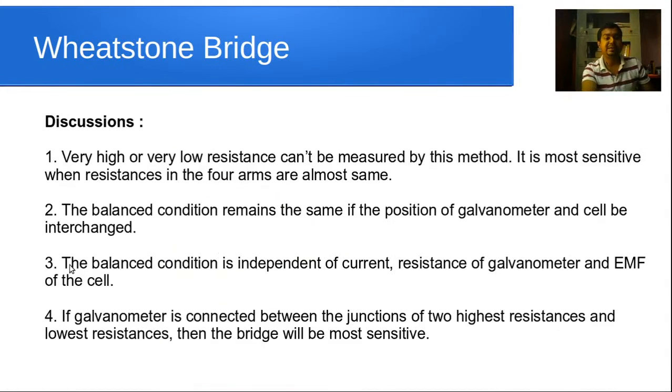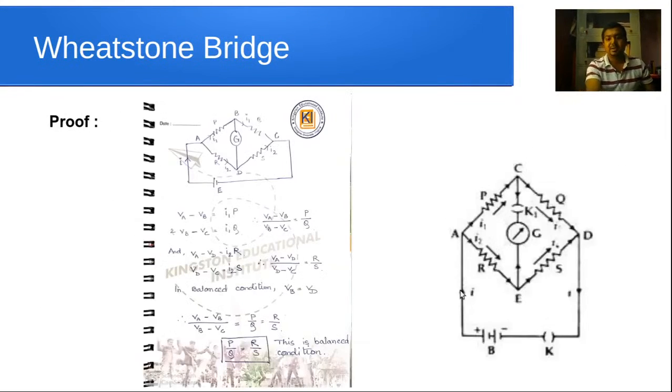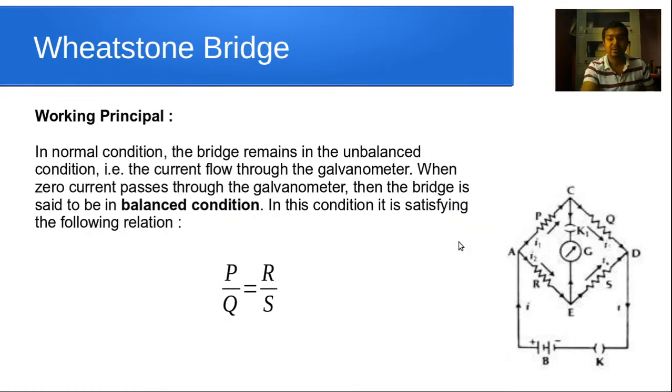My third point is, the balance condition is independent of the current, the resistance of the galvanometer and the EMF of the cell. It means what type of battery you are using, what type of galvanometer you are using, and how much current flows in the circuit is not important if the circuit is in balance condition.